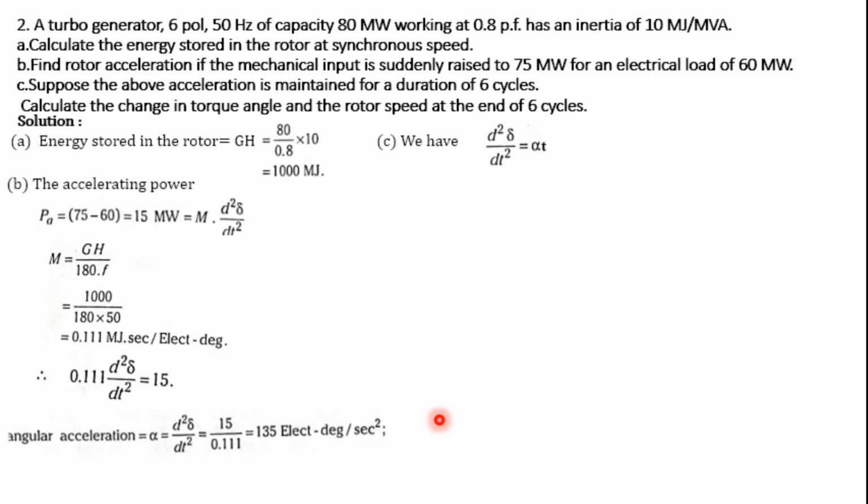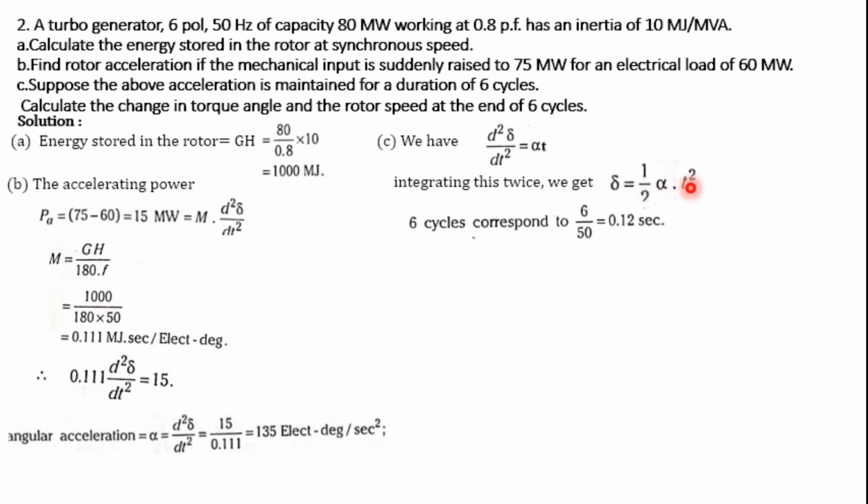Integrating two times, we will get delta equal to half alpha into t square. The integration of t, with double integration, gives t square by 2. So this is half alpha into t square.